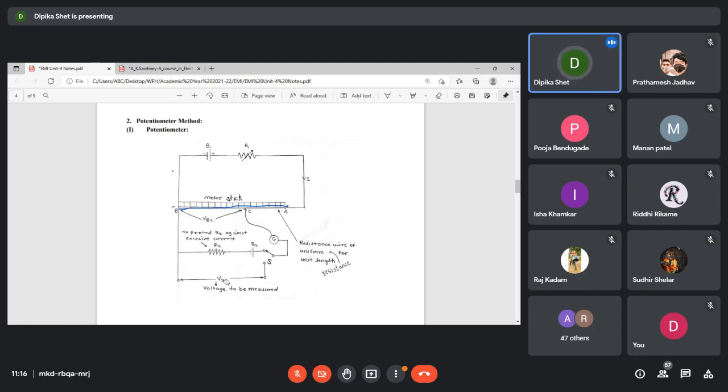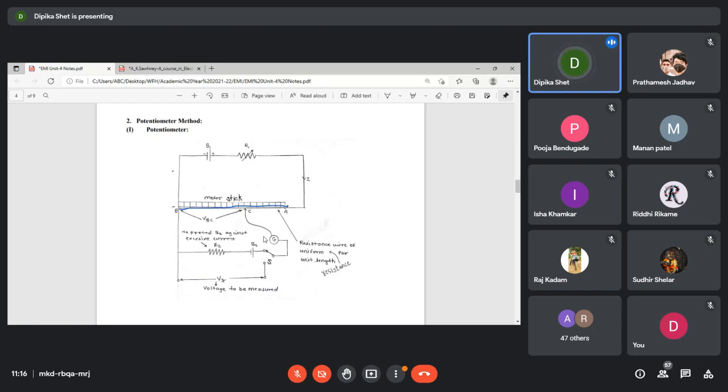Here this resistance R2 is used to protect our standard cell B2 against excessive current. R1 is used to control the current flowing through wire AB, and similarly R2 protects battery B2 against excessive current.